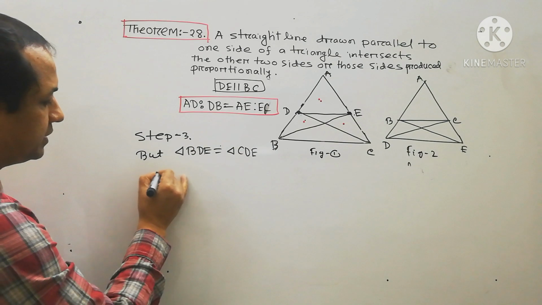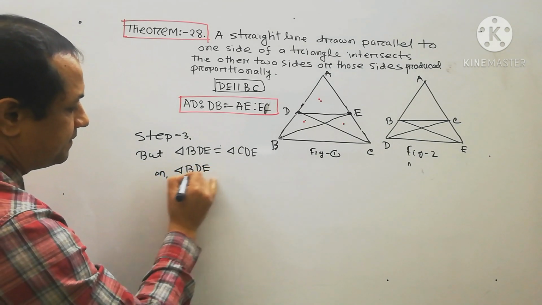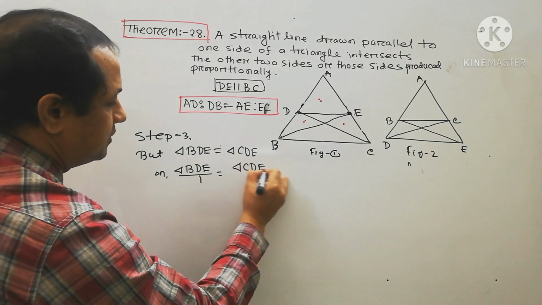Now we can write triangle BDE by 1 equals triangle CDE by 1.